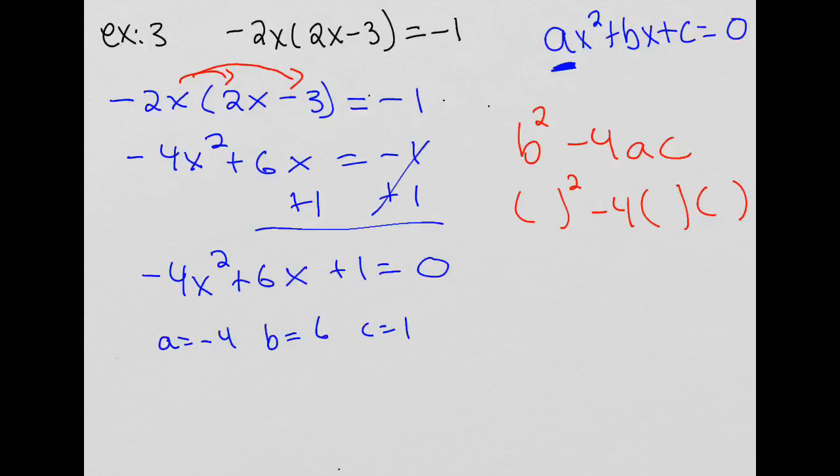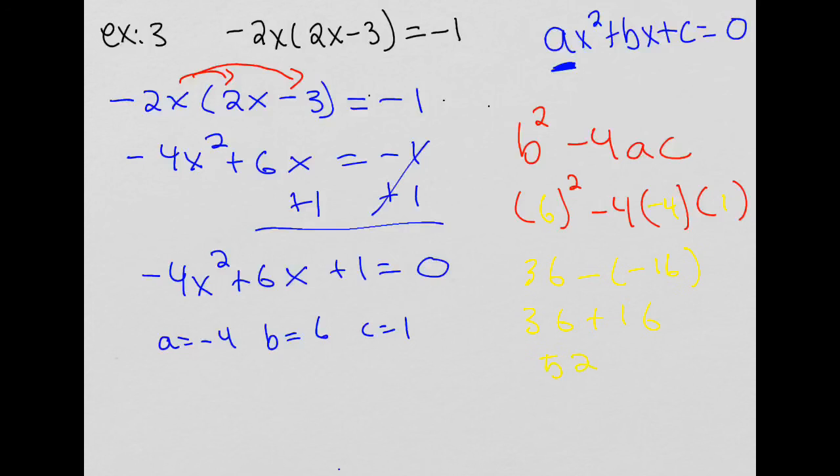So B is 6, A is negative 4, C is 1. 6 squared is 36. Then 4 times negative 4 is negative 16, times 1 is negative 16. Then I have 36 plus 16, and that gives me 52.